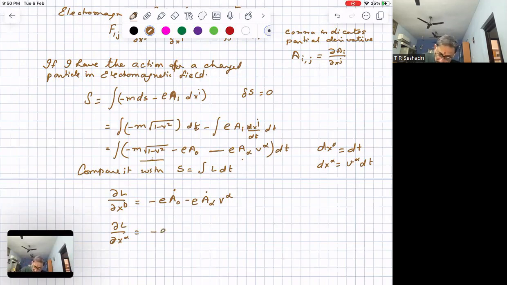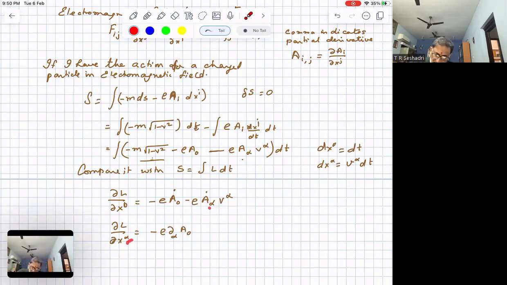And so I will have minus E gradient of A0. Let me be careful here. Here alpha is a dummy variable, right? So this alpha is independent of the other alpha. Do you get this? You see, this is a dummy variable.